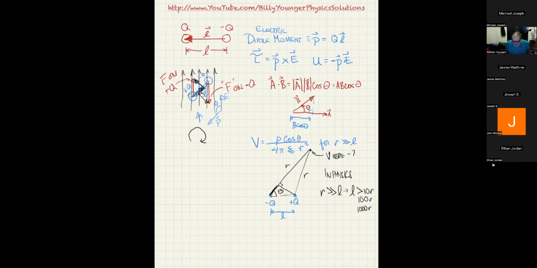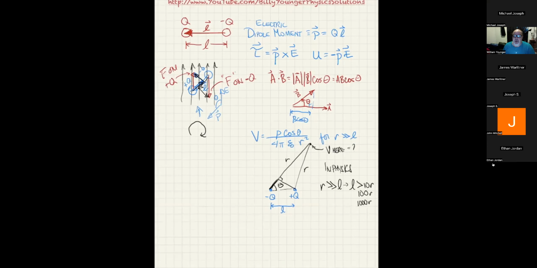So that's the last of the dipole stuff that I didn't really talk about in chapter 23. But like I said, you do want to know it. In fact, dipoles are really relevant for chemical engineers, and other people that work with molecules, because molecules tend to become polarized.